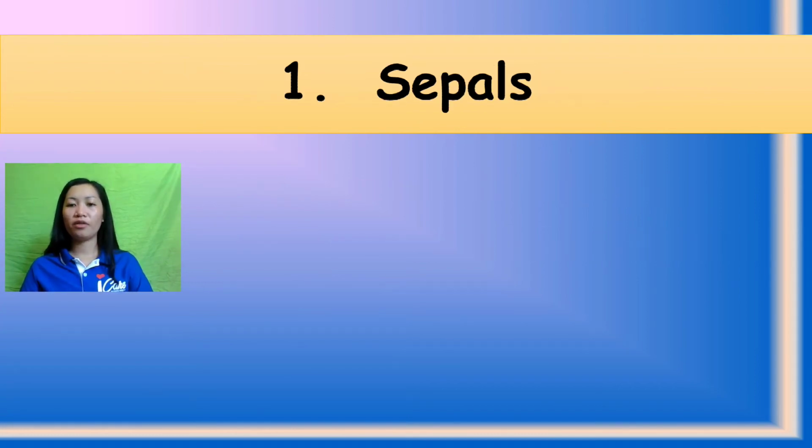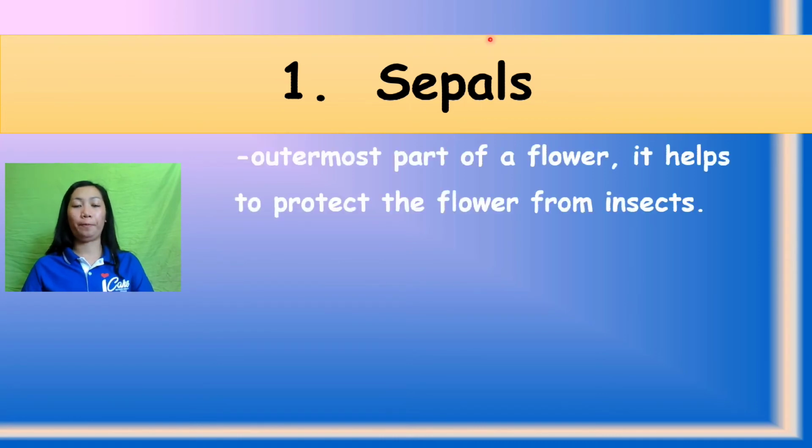Let's talk about the first part of the flower, the sepals. The sepals are the outermost part of a flower and help to protect the flower from insects.